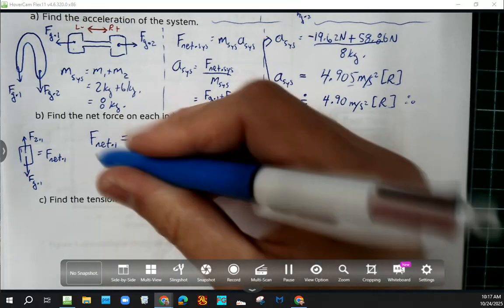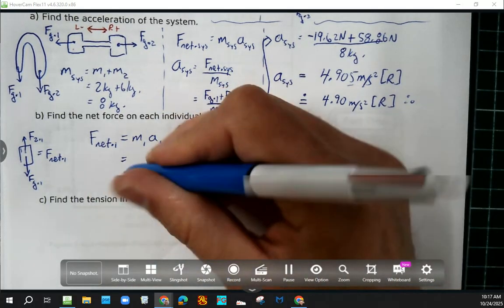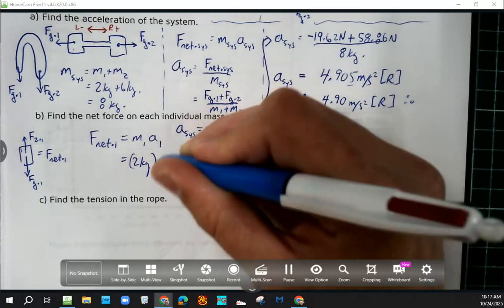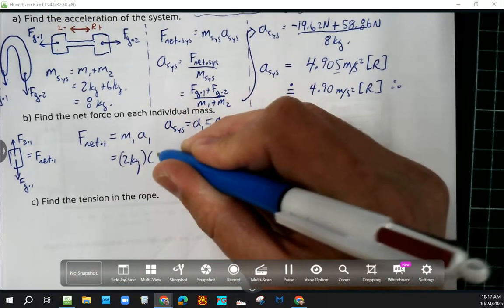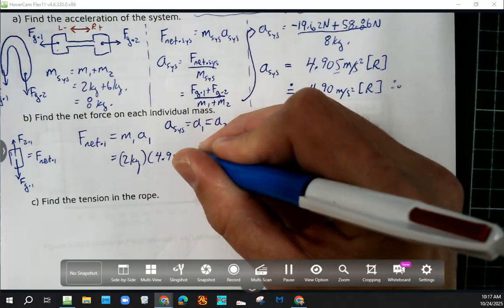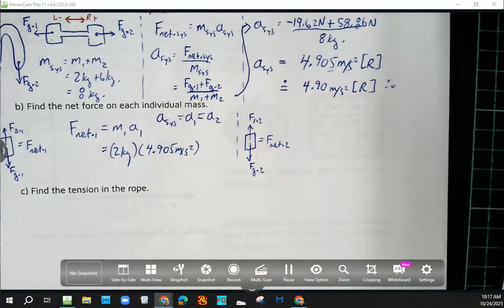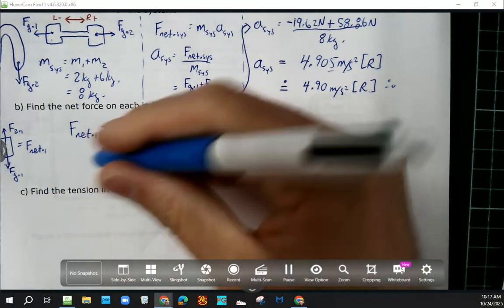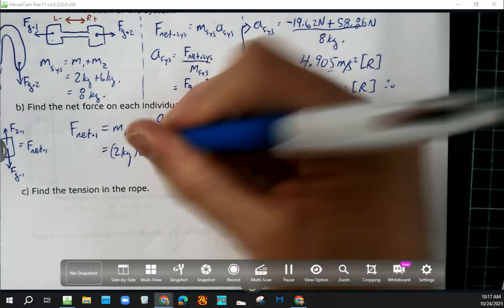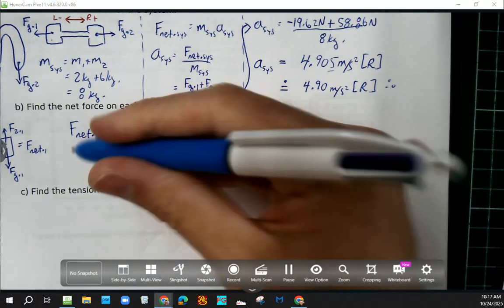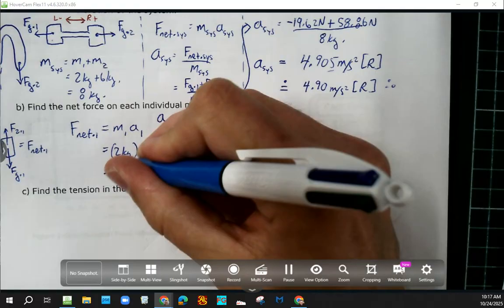So when I go to find Fnet 1, I'm going to plug in mass 1, 2.0 kilograms, times 4.905, the unrounded value, meters per second squared. And remember, that 4.905 really is a positive value because we've declared to the right to be positive.